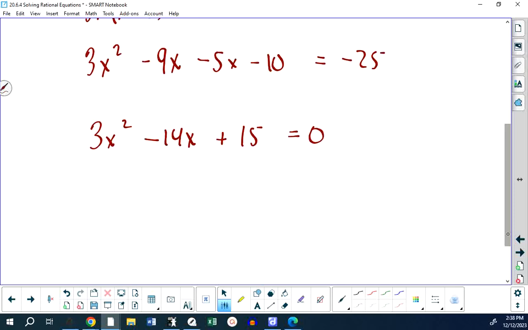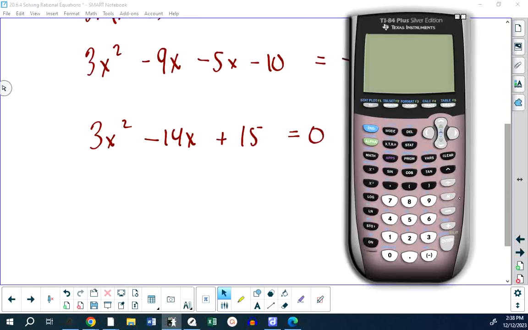No, I could be wrong. 16. 16. I don't know what I was thinking there. Oh, I just so you know, I was using a negative with the 15. So it's 16. It's factorable.